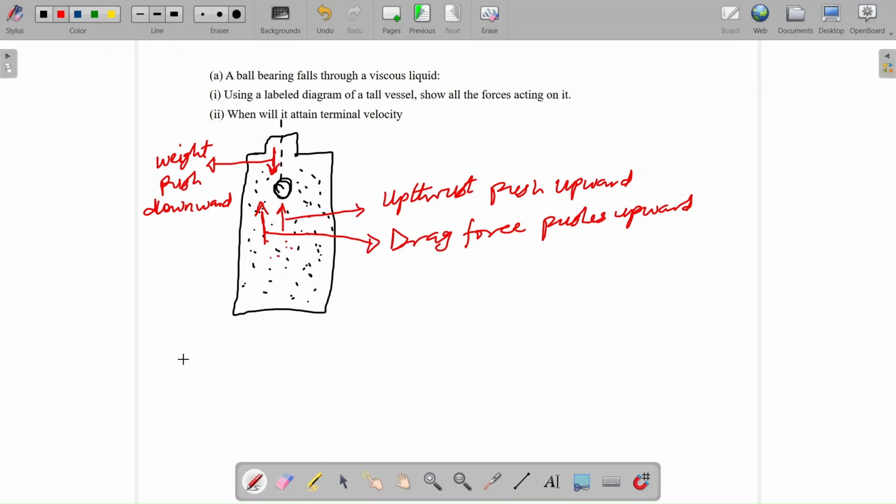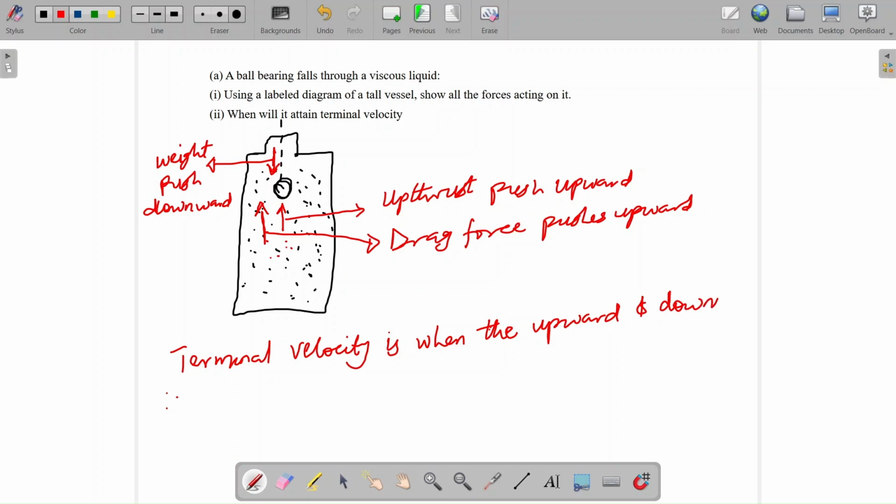So the second one, terminal velocity, is when the upward and downward forces balance out, that is, the net force becomes 0.